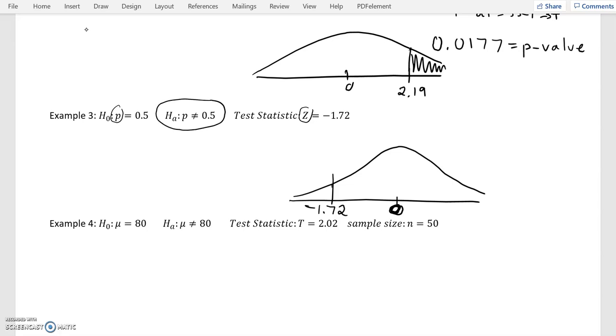And not equal means I'm looking not only at what's out beyond negative 1.72, but also beyond positive 1.72. This is the chance that I'd see my sample statistic or something more supporting the alternative in either direction. So again, I can find the area just in this lower tail. Because the distribution is symmetric, the area in the upper tail will be the same.